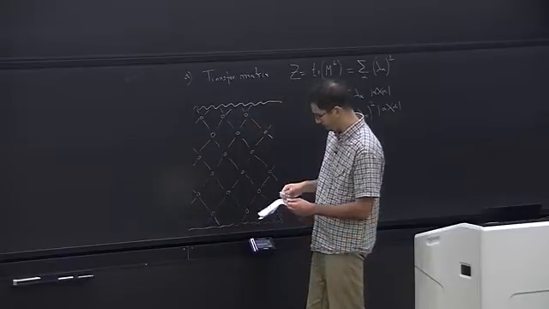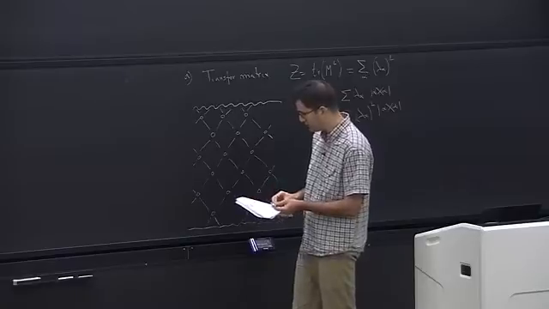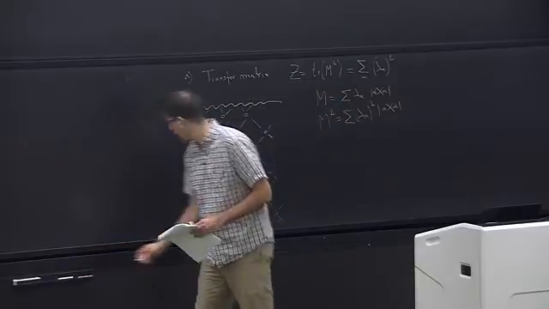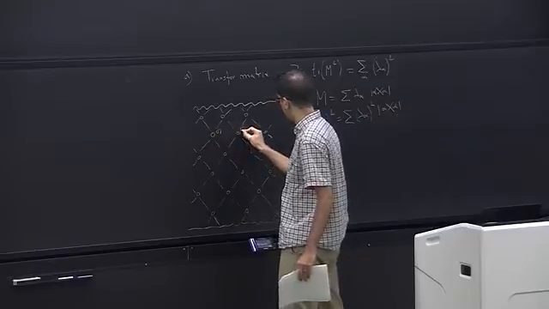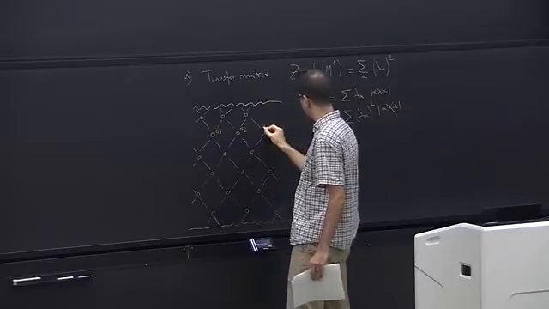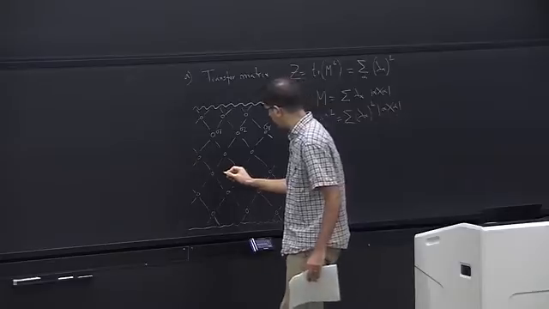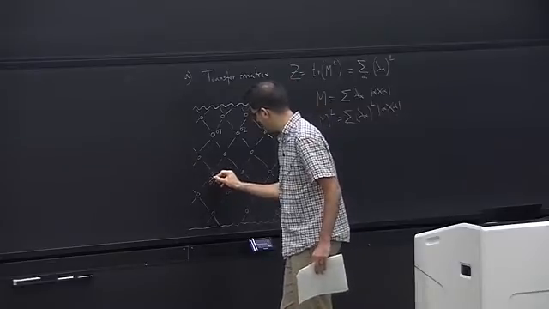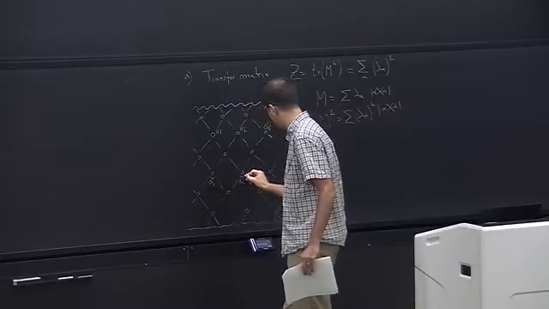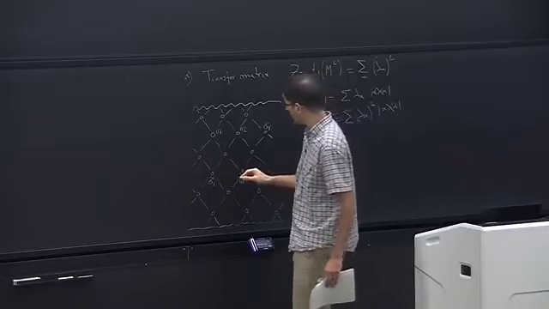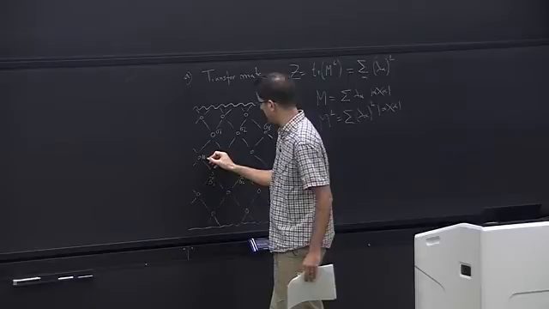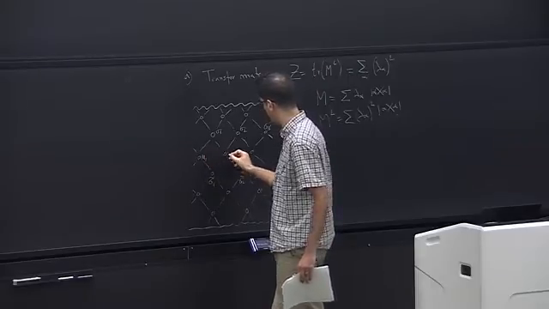Okay, and now what I'm going to do is label a subset of these spins. I'm going to call this sigma 1, sigma 2. This one is sigma 3. I'll have a sigma 1 tilde here, sigma 2 tilde here, sigma 3 tilde here. And what I'm doing is I'm trying to organize the partition function, the sum in the partition function, in a convenient way.